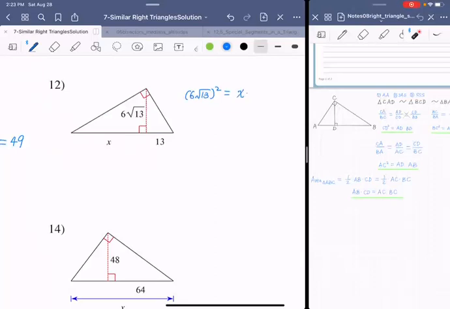Good. And then 6 squared times 13. Okay. X equals 36. There you go.